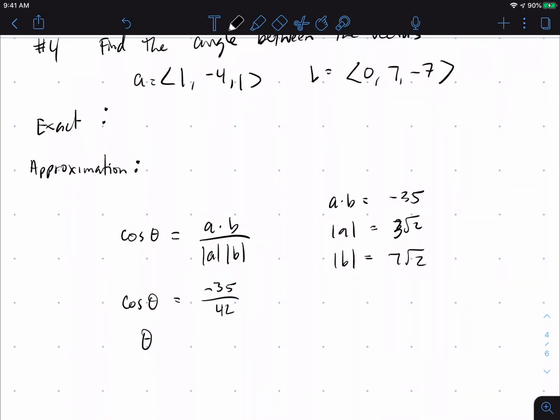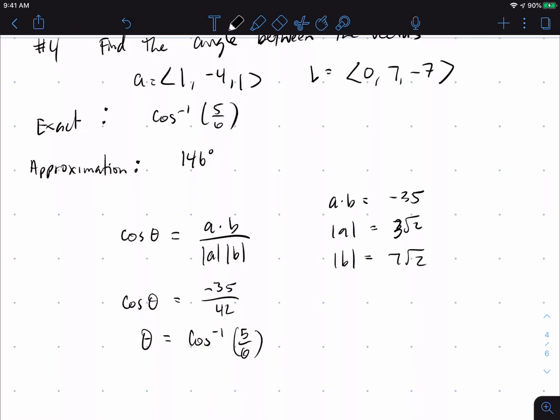So then theta is going to be cosine inverse of what? 7 goes into both, so I'm going to get 5 over 6. And so the exact answer should be this. The approximation you're going to do in your calculator, and you should get an approximation of 146 degrees.